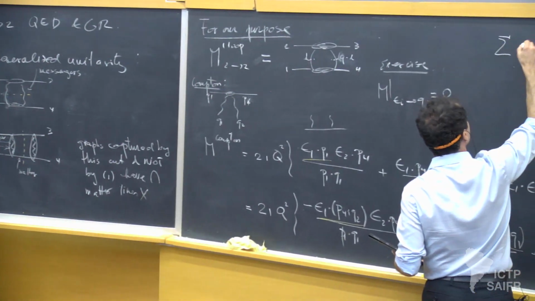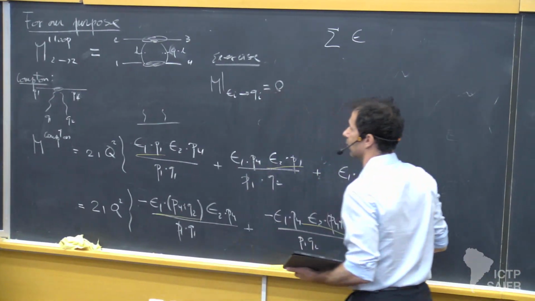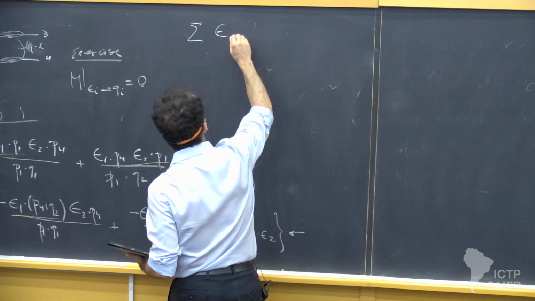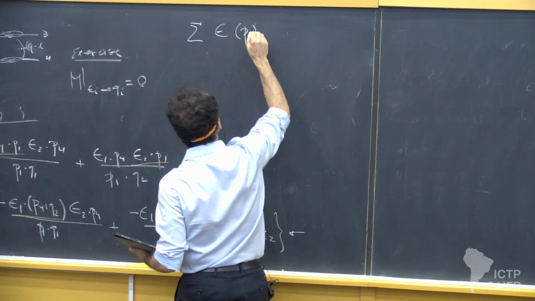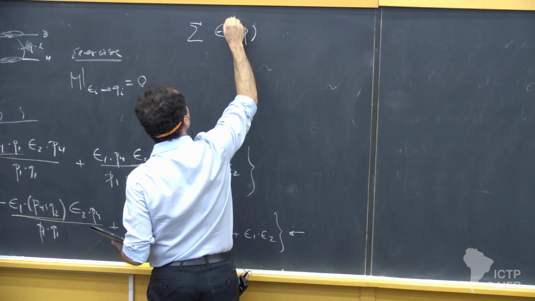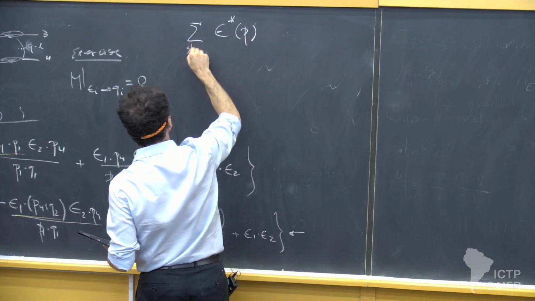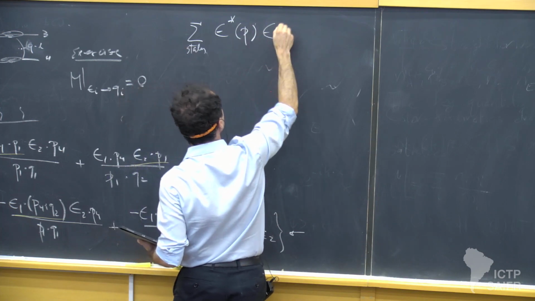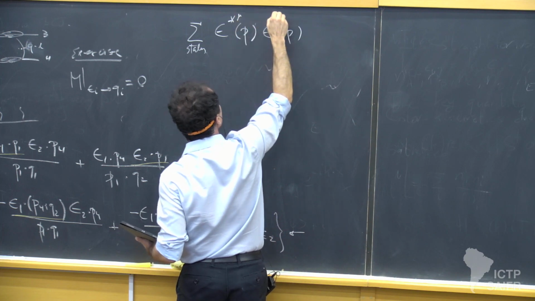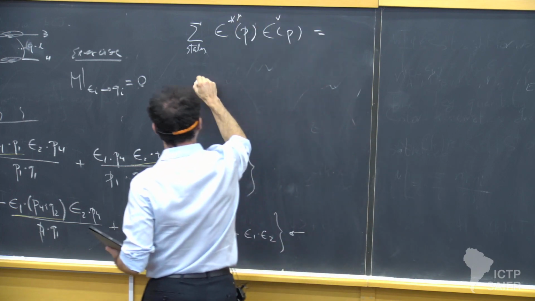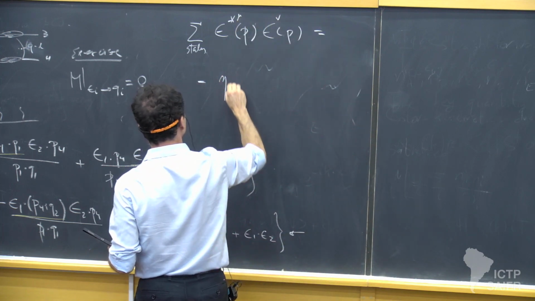With that in mind, we can use the following sum over states, which will be different from the one that Donal wrote. This is the following.